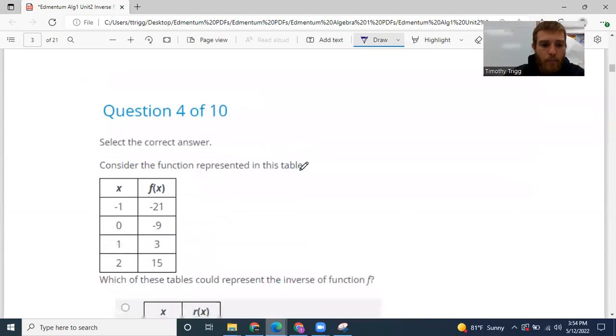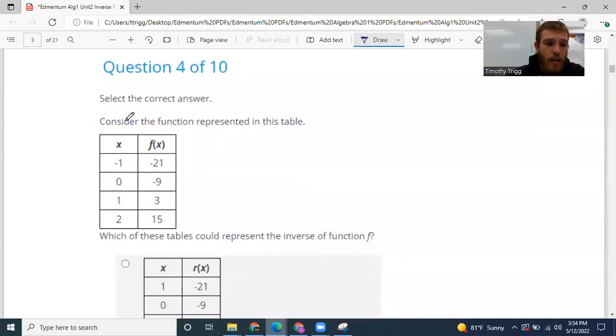Great. Okay. Consider this function, x and f of x. Which of these tables would represent the inverse of function f? For the inverse function, once again, you just flip your x and y coordinates.